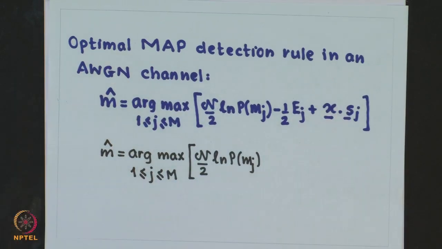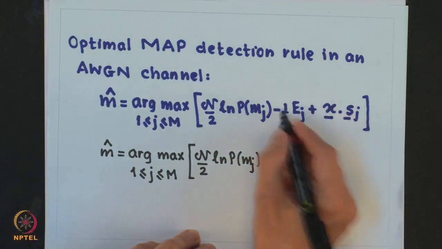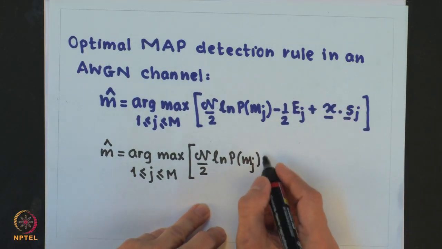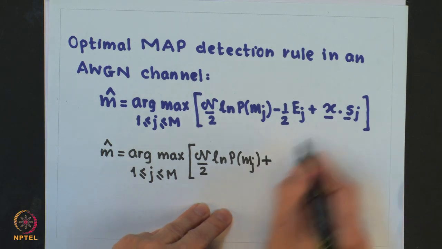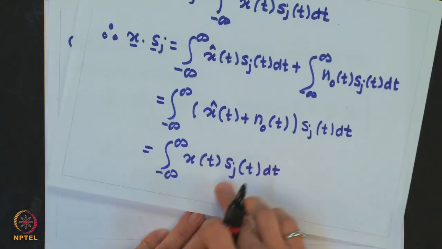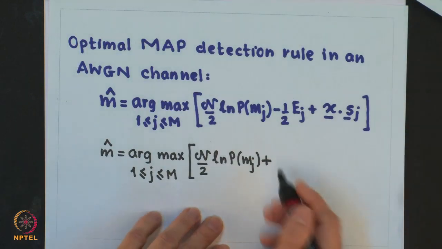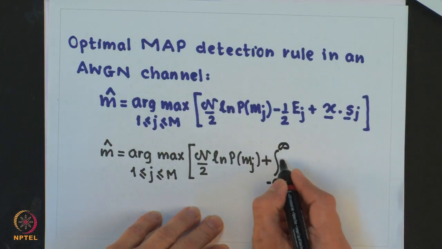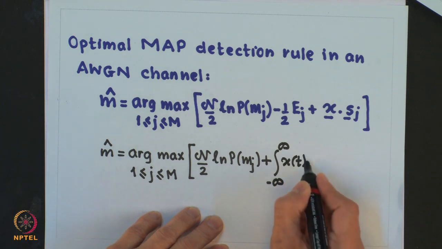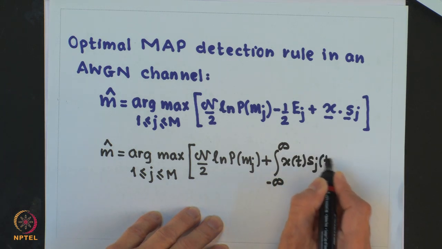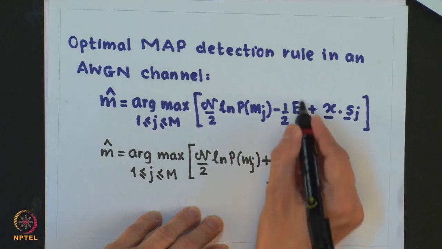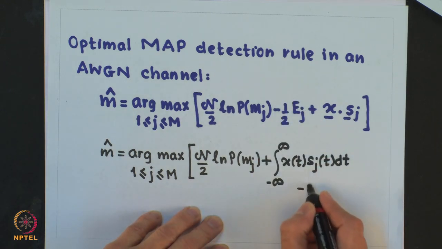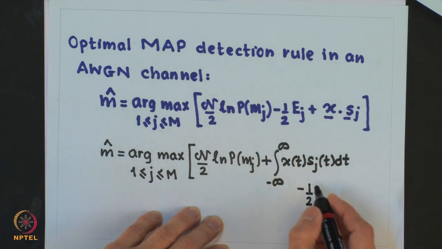So, this quantity I can rewrite as this quantity, this quantity is equal to this quantity, and this basically is nothing but the energy in the signal.